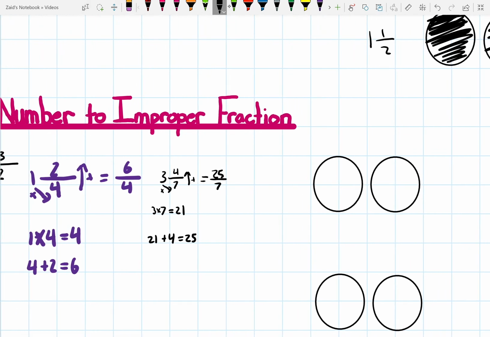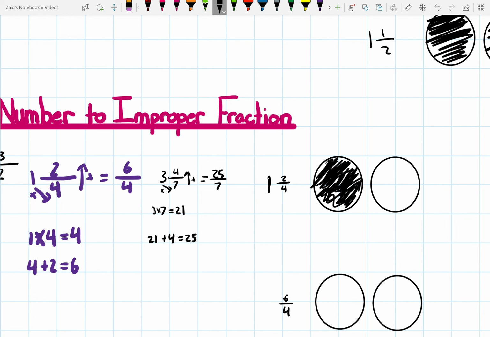Now, if we try to show it, and let's see if it works, let's try our second example. So 1 and 2/4 and 6/4. Let's try the mixed number first. It says that one whole is already shaded in, so no need to put it into parts. We can just shade in that entire whole. There we go.